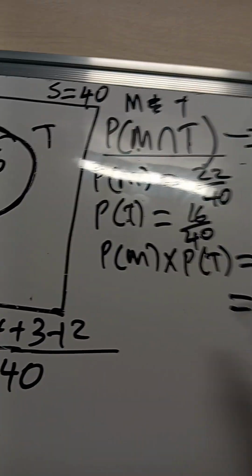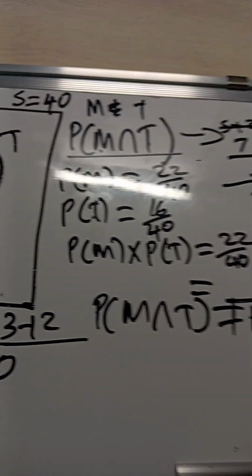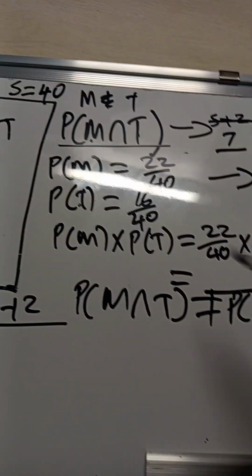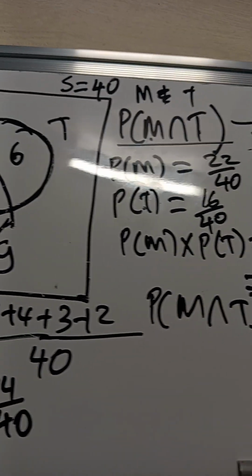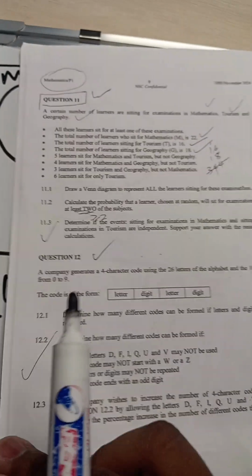If this one is not the same as this one, then you'll see that the probability of M and T is not equal to the probability of M times the probability of T. If it is equal, you'll state that, but you just check using your calculator. Easy stuff. Now let's go to the next question.